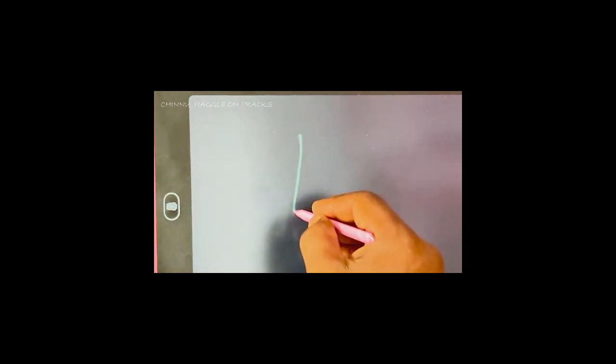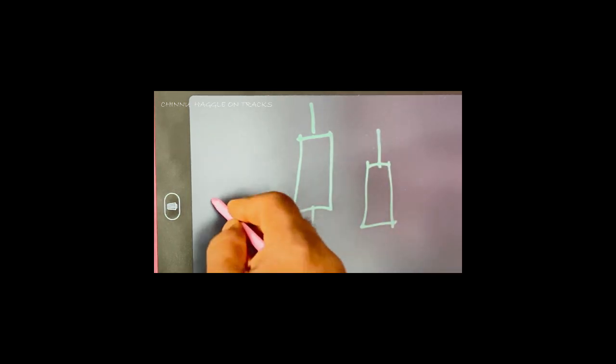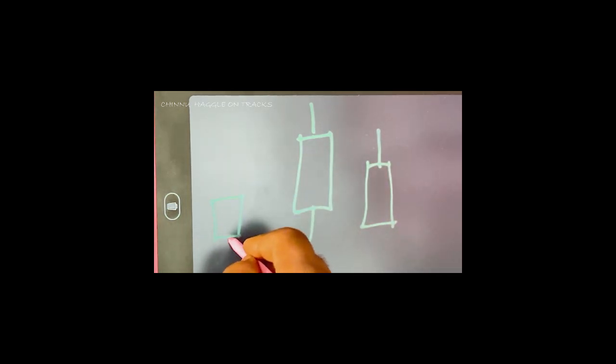See here, but at the market level, not every candle is in this particular shape. Sometimes the candle is in this format, sometimes in this format, sometimes in this format. But anything is a candle only.